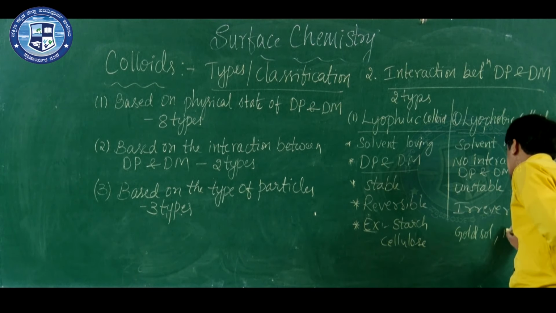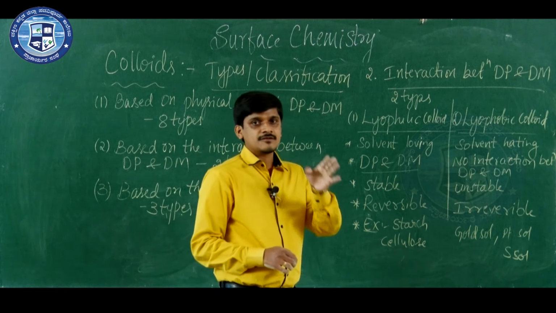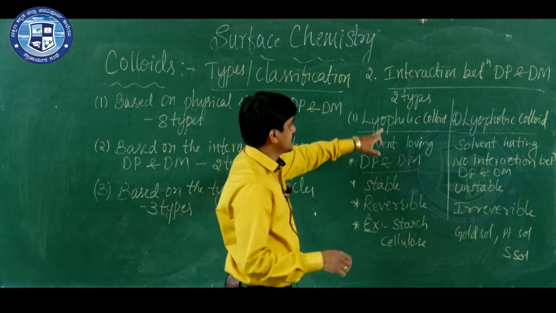If in these lyophilic or lyophobic colloids the solvent is water, then the lyophilic colloid is also called a hydrophilic colloid and the lyophobic colloid is also called a hydrophobic colloid. We call them hydrophilic and hydrophobic only when the solvent is water.